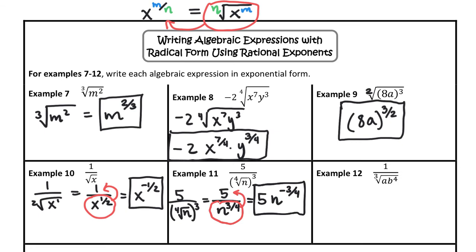Then for number 12, let me copy that one down. Okay. Number 12 is kind of like number 8, where we had 2 variables and each of them gave me a different fraction, right? Because they had different exponents with the same denominator because the number in front of the root was the same.